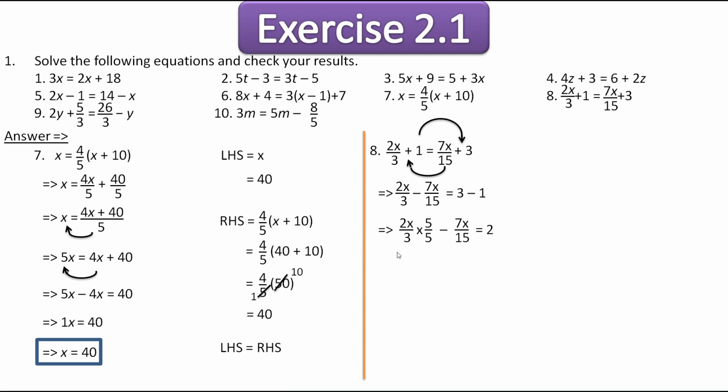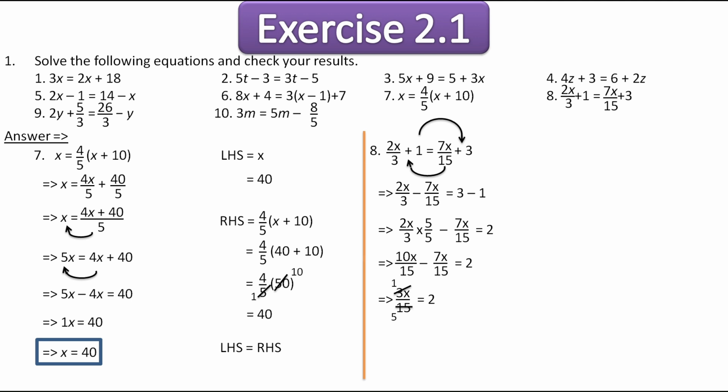Okay. So here 5 2s are 10x upon 3 5s are 15, minus 7x upon 15, which is equal to 2. Now we have the same denominators, so we can directly subtract the numerators, that is 10x minus 7x is 3x upon 15, which is equal to 2. Now here we can cut: 3 1s are 3 and 3 5s are 15.